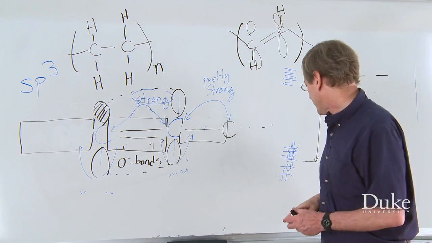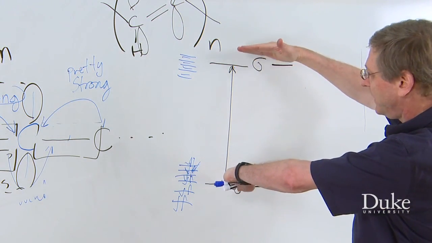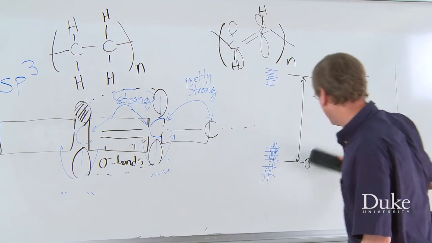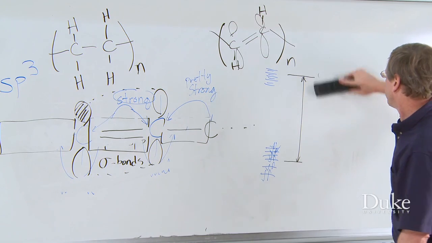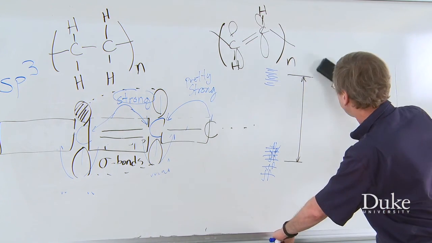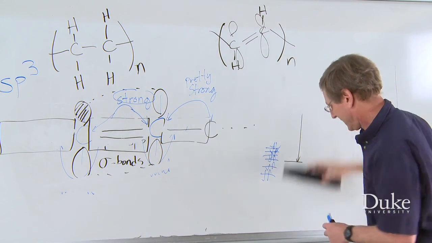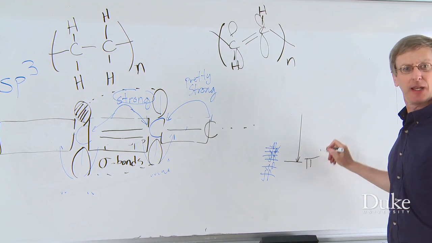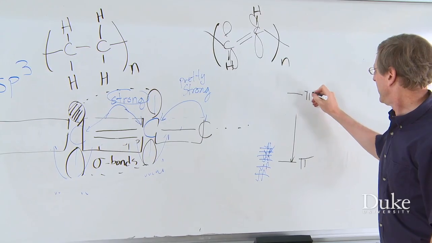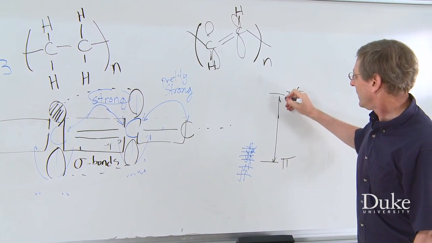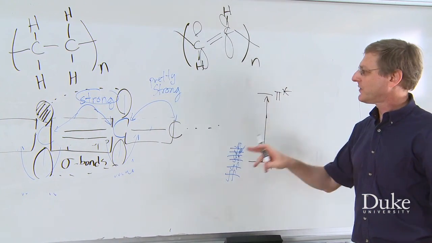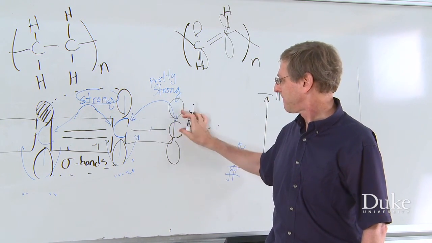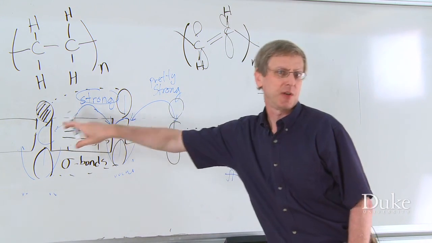As a consequence, this gap between the pi and the pi star states is smaller. So if I draw the corresponding diagram here, corresponding to the pi and to the pi star antibonding states, well, this gap is much smaller because the difference in the overlap between these p orbitals, this pair, and this pair is not very different.